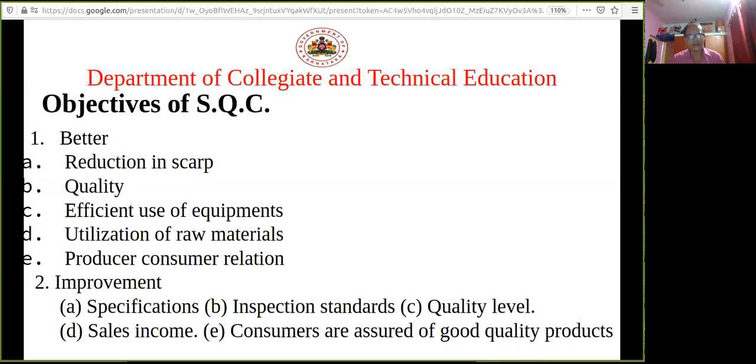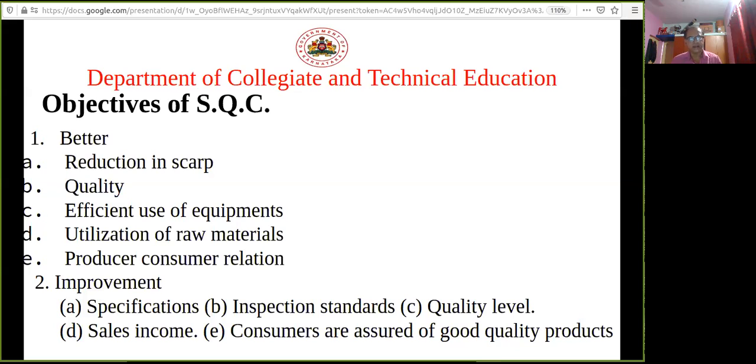That's why we are going to obtain a better relationship between the customer and the producers. So those are the 5 points. They are the objectives of SQC.